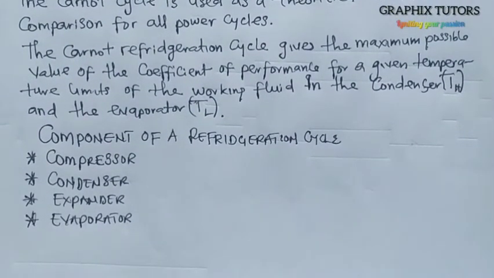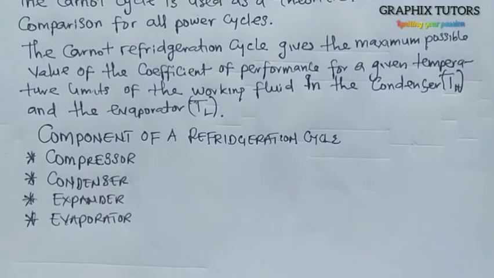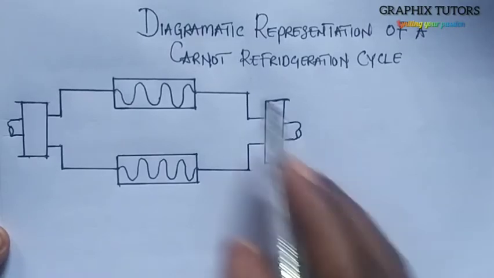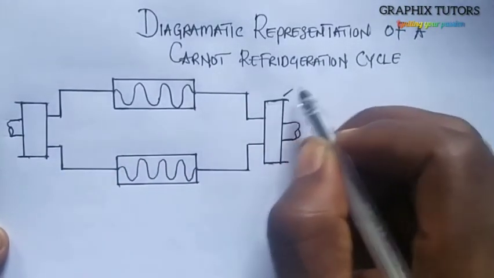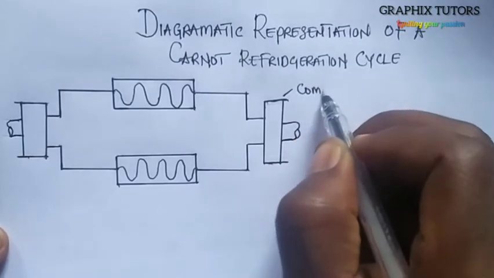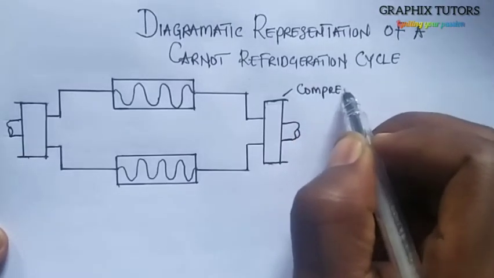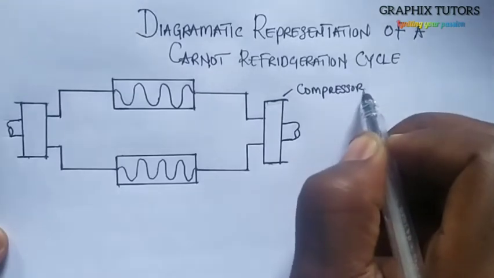So look at the diagrammatic representation of a CARNOT refrigeration cycle. This is the diagram here, and this one here represents the compressor, right?